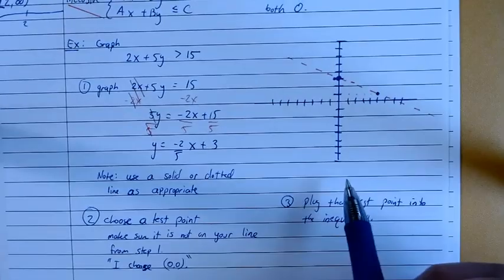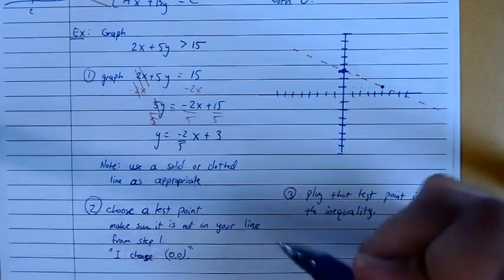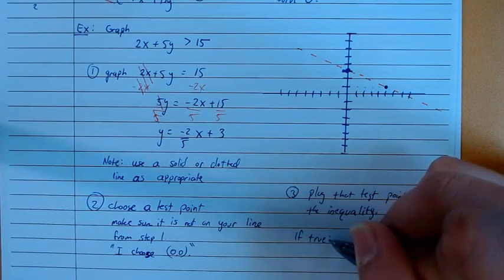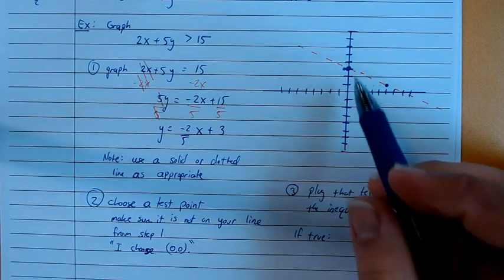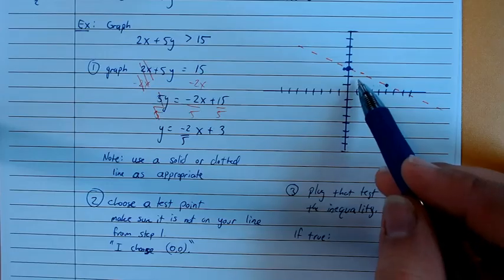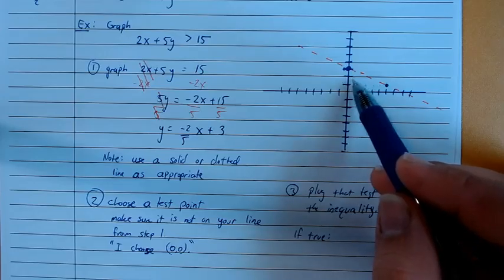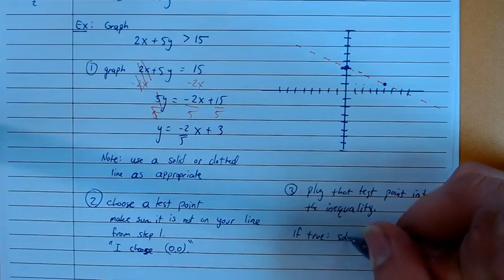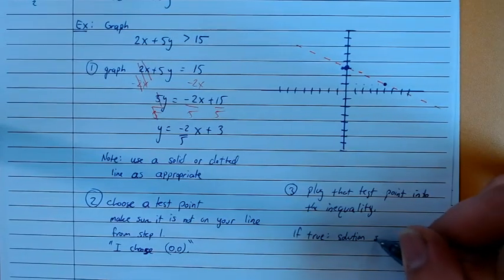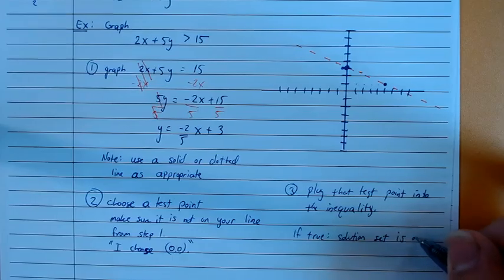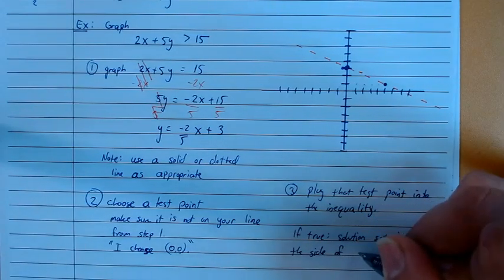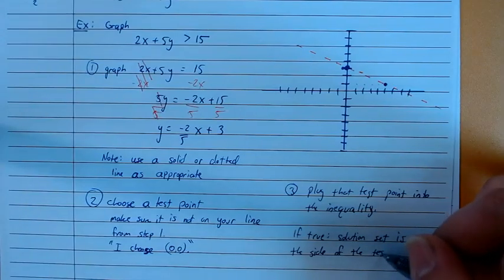If you plug it in and you get a true statement, so if true, then your solutions are on the side of the test point. If true, solution set is on the side of the test point.